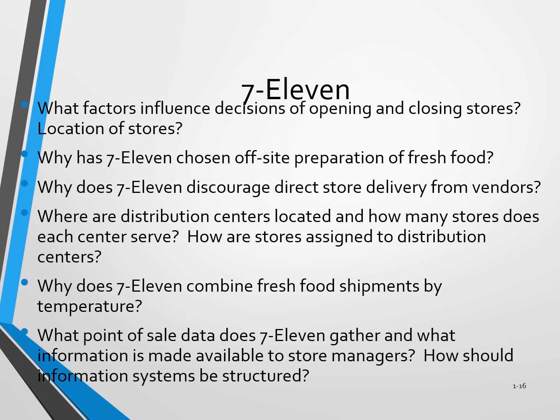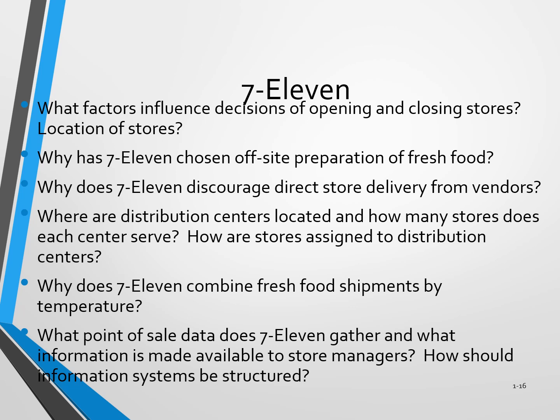Similarly, they are talking about the 7-Eleven food manufacturing store. This is one of the famous Japanese stores. They are actually a food manufacturing and shipment company. So why has 7-Eleven chosen off-site preparation of fresh food? Why does 7-Eleven discourage direct store delivery from vendors?